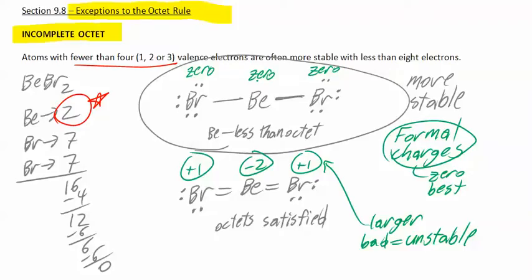Keep in mind that all these numbers still sum to the same net charge. BeBr2 has a net charge of 0 because there's no number written in the top right-hand corner. 0, 0, and 0 add up to 0. +1, -2, and +1 add up to 0. But these are distributed better where they're all zeros individually.